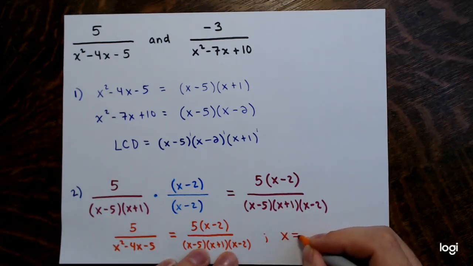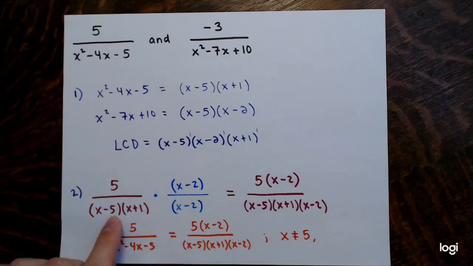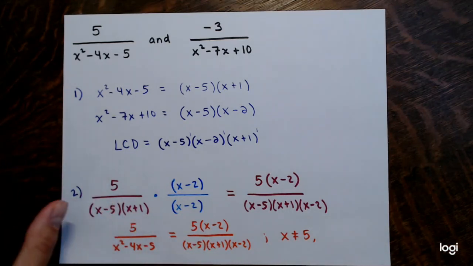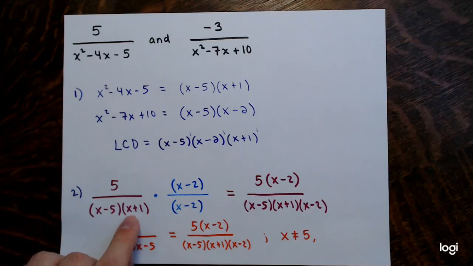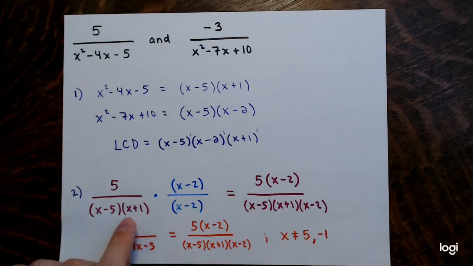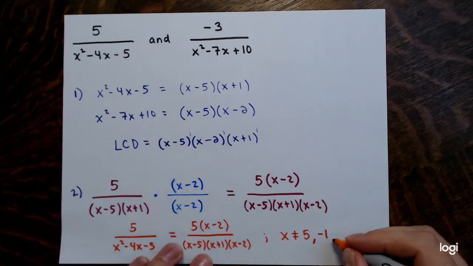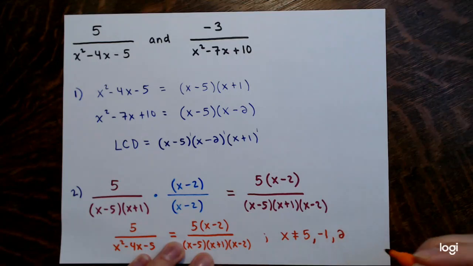So x cannot be replaced by the number 5, right? That'll make that factor 0, which would in turn make the denominator 0. There is a factor of x plus 1. So not only can x not be 5, it can't be negative 1 either, because that'll make that factor 0. And then there's also this factor of x minus 2 showing up. So x cannot be 2 either.